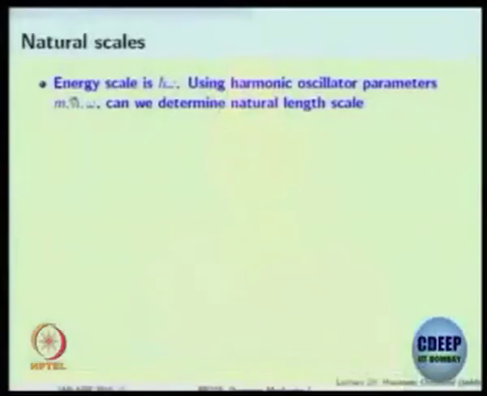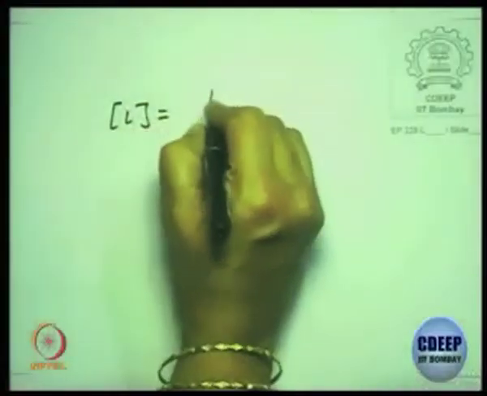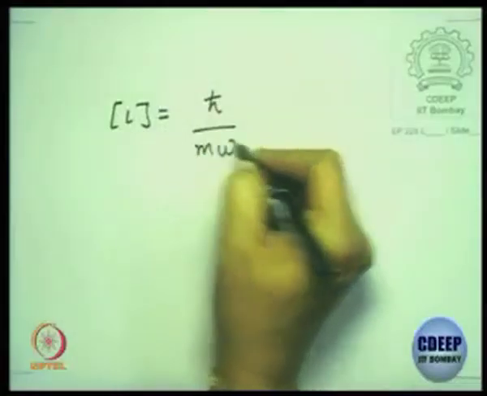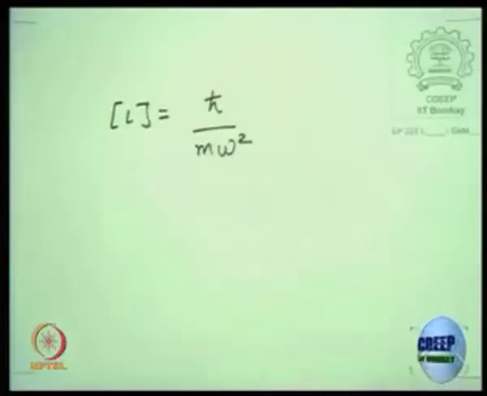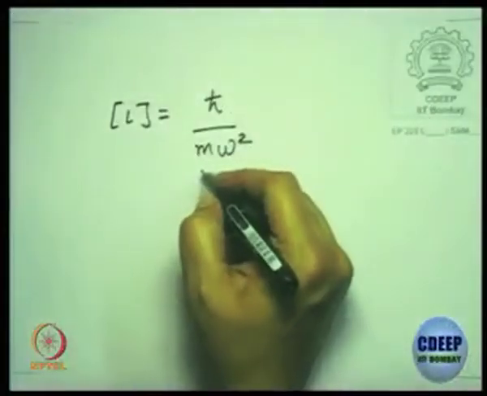Can we determine a natural length using these three parameters? Sure, all of you have done this dimensional analysis, right? So can you try to figure out how to play around with m, h cross and omega so that you get the dimension of L? H bar by m omega, square root of that.